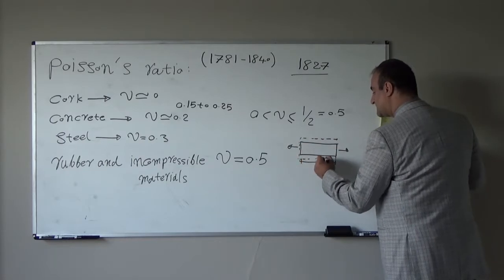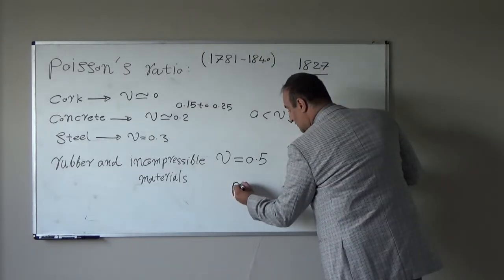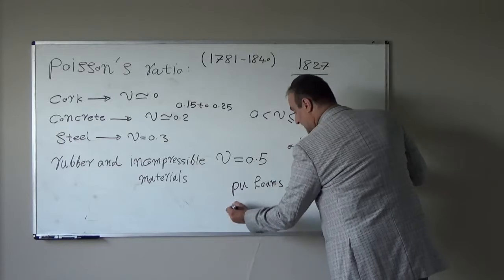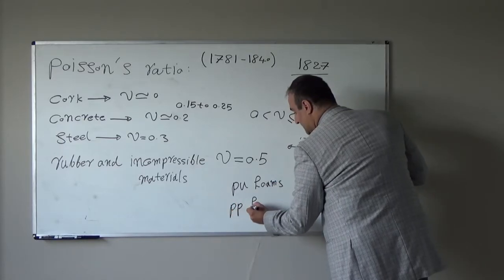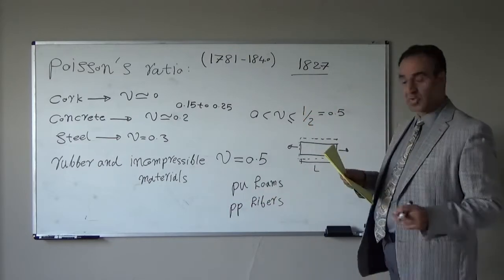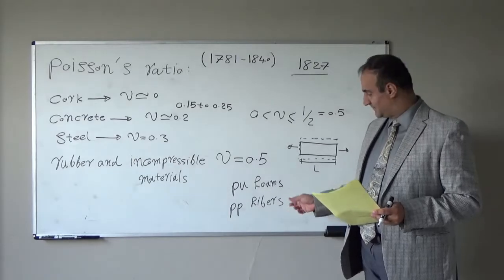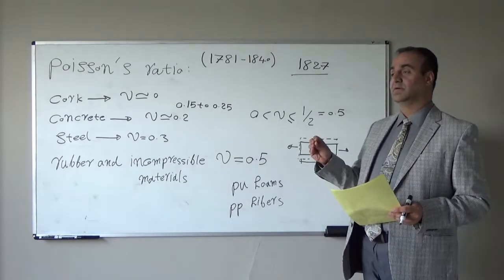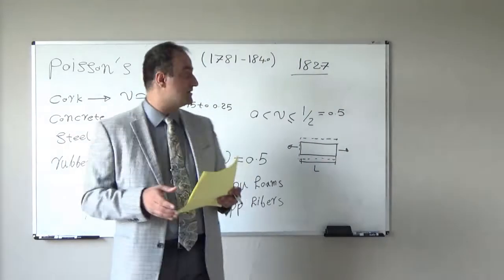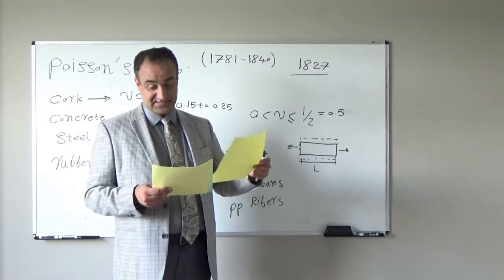We have some of this kind of material, like PU foams or PP fibers and so on. In mechanics of materials, we will not deal a lot with these materials, but with those materials we use a lot. In engineering, the Poisson ratio variation is in this range.